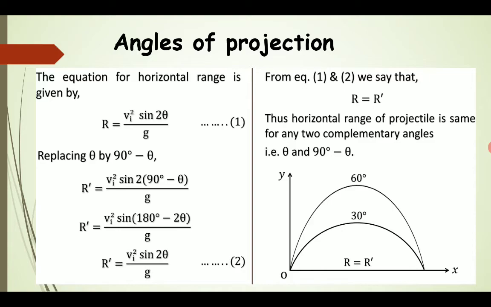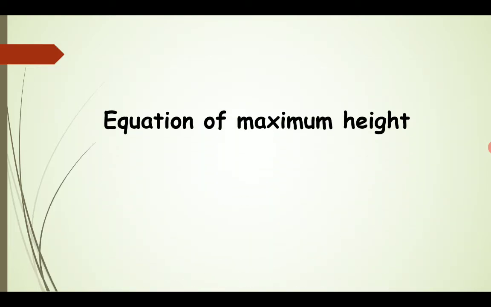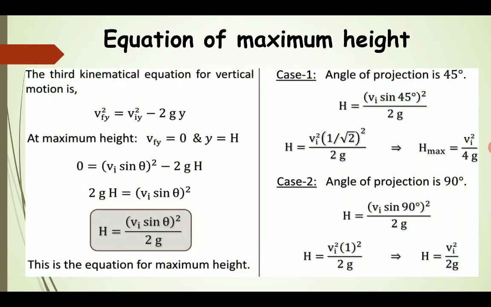After this, let us find our last topic of projectile motion, that is the equation for the maximum height of a projectile. Here we are using the third kinematic equation of motion: v squared is equal to u squared plus 2as.